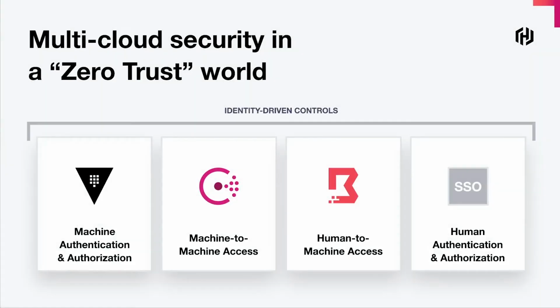The basic idea of Boundary is this: human-oriented, identity-based access to your infrastructure. We've had Consul for machine identity-based access to services for several years, and we've had Vault for machine identity-based access to secrets even longer.